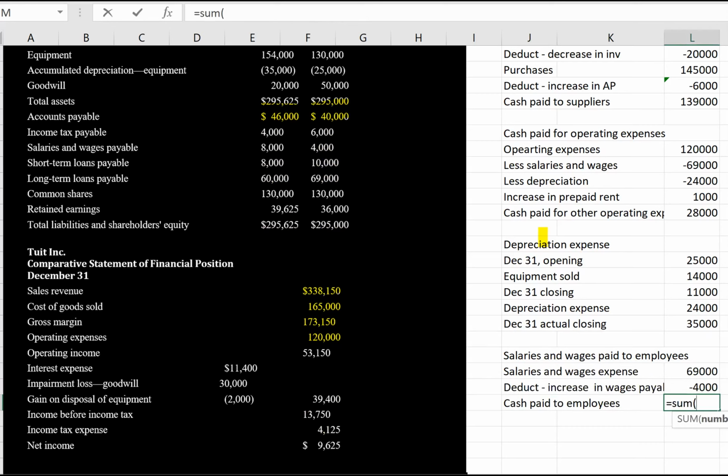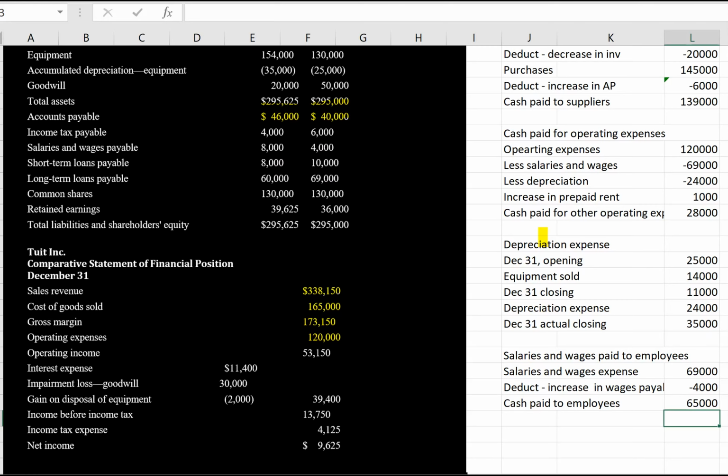And why did we have to adjust salaries and wages expense? Why couldn't we have just taken salaries and wages expense right off the income statement? The reason is that salaries and wages expense has accruals in it, maybe an accrual for cutoff or what have you. By comparing it with the payable account, because that's where the accrual would be sitting on our statement of financial position, we can get a sense of what the cash impact is. Because the wages payable increased, it means we paid out that much less.